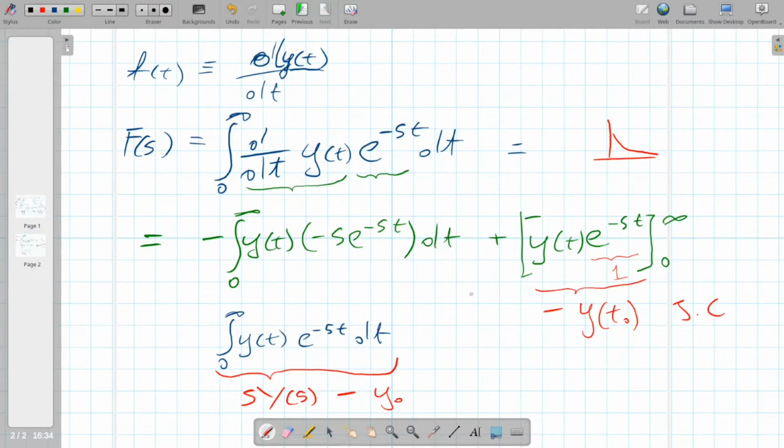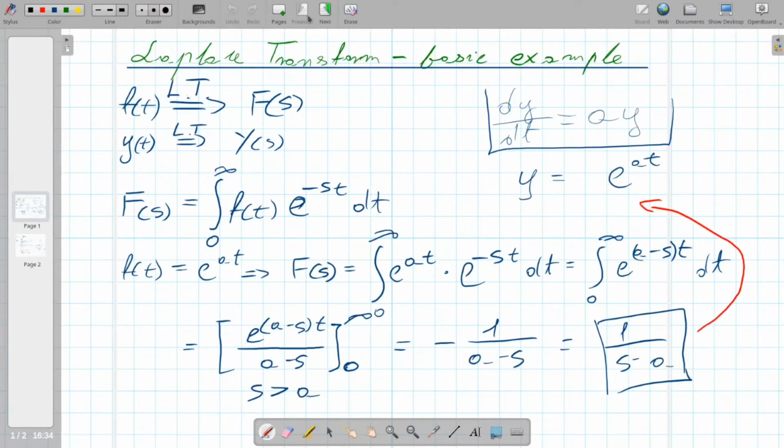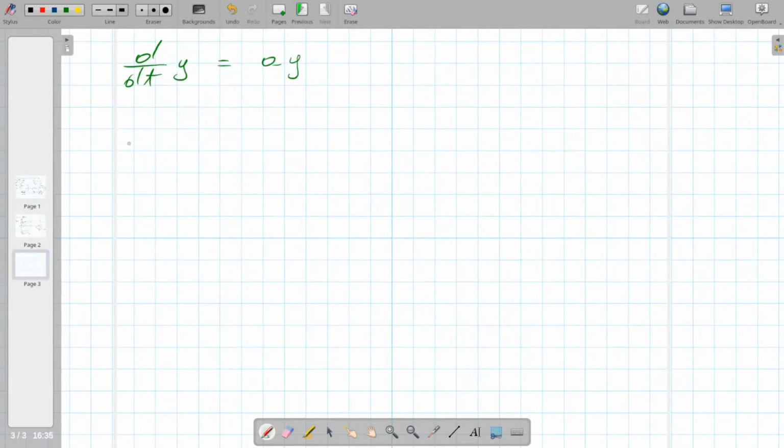So now we are ready to solve our differential equation, which is this one, by using the Laplace transform. And now we know that it is, in the Laplace domain, Y of s times s minus y of 0, which is just the initial condition, and when I move it here, I also have a times Y of s, which is just the transform of this function.